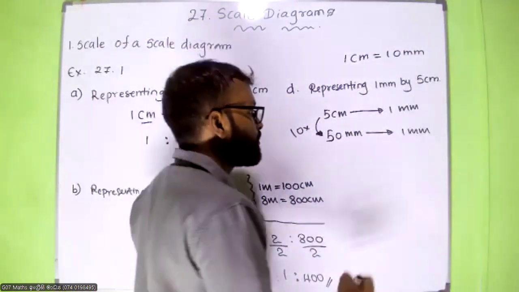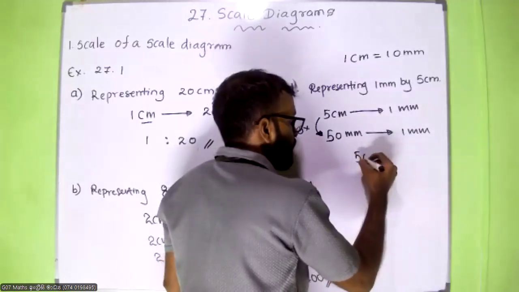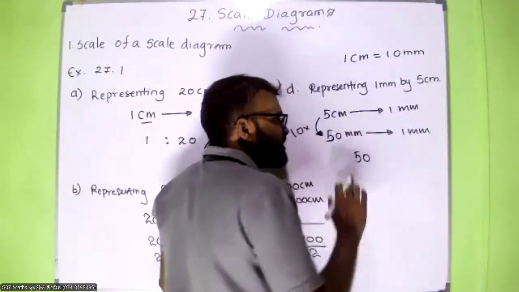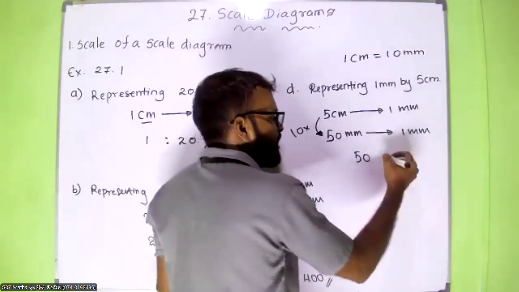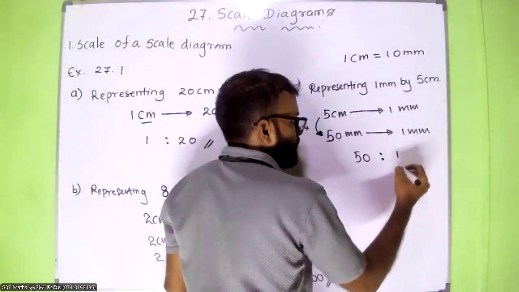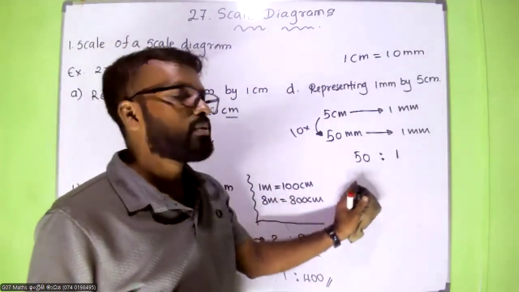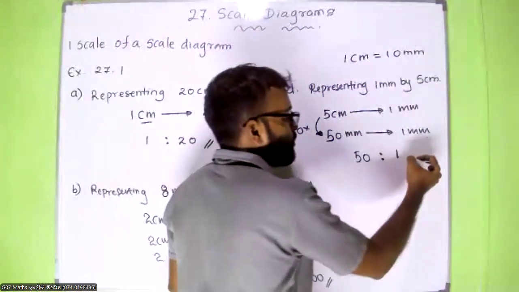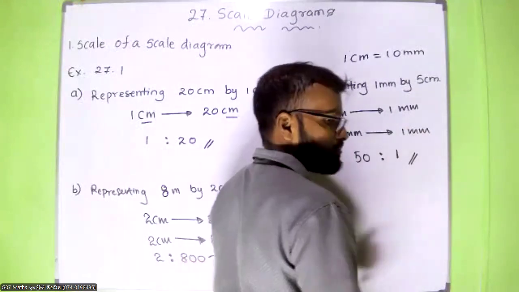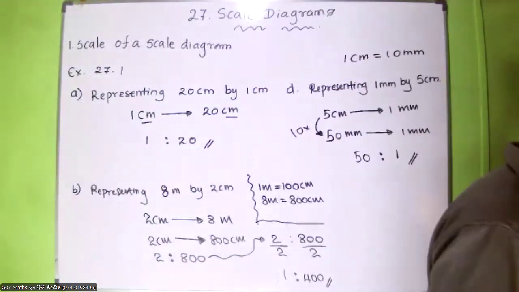Both are in millimeter now, both are in the same unit. Now you can write 50 to 1. There are no other common terms for these two numbers. So 50 to 1 should be your answer.